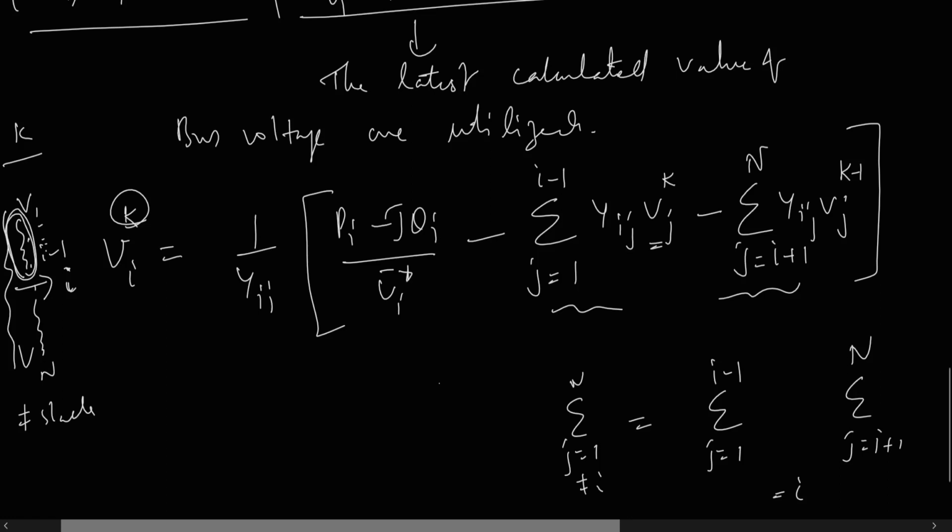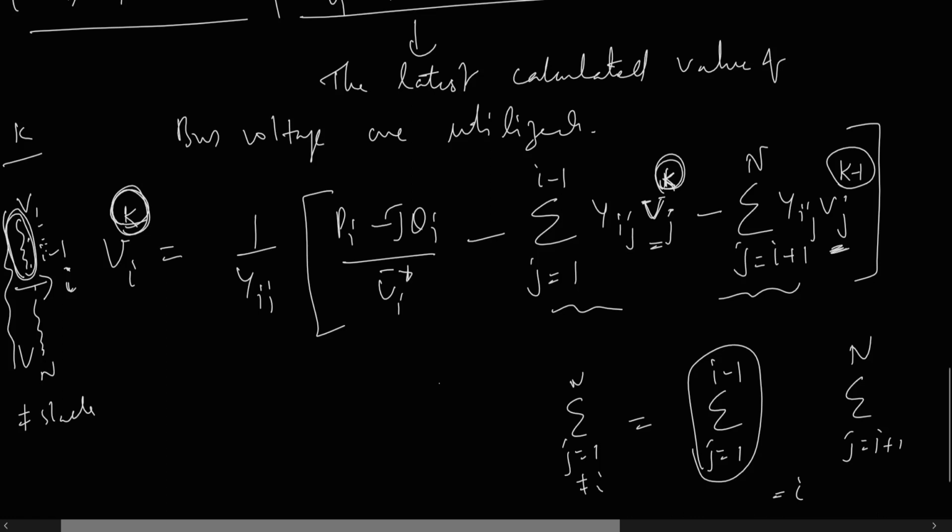So the voltages which we have already calculated should be used from the current iteration. The superscript k indicates the calculated voltages of these buses in this iteration, and the superscript k minus 1 indicates these voltages should be taken from the previous iteration.